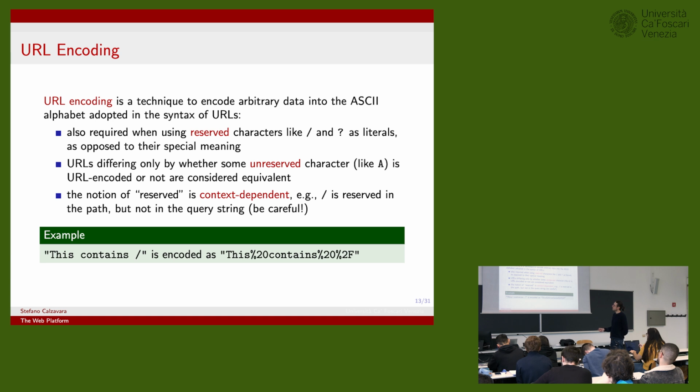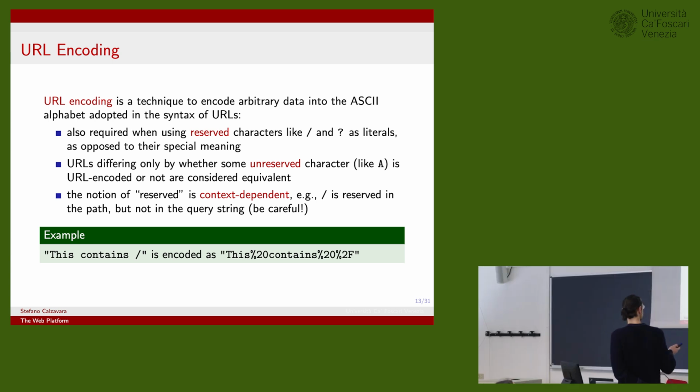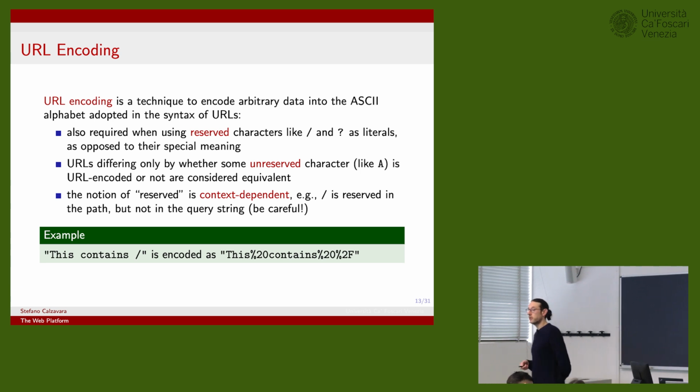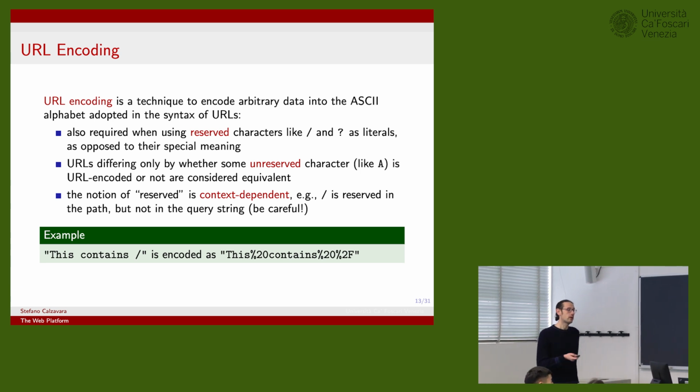So the white space is represented by this triplet of ASCII characters, %20, and the slash is represented by this other triplet, %2f. Okay, so this is the encoding using the URL encoding scheme. And if you ever see something with the % symbol within a URL, it's URL encoded.